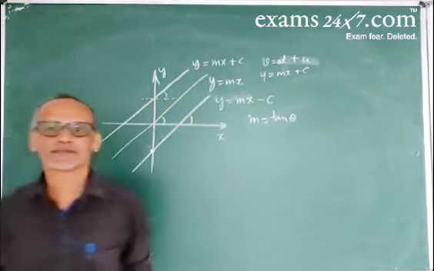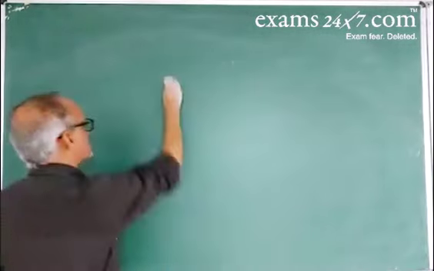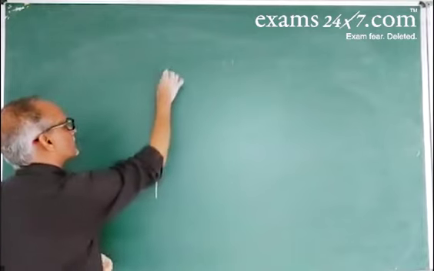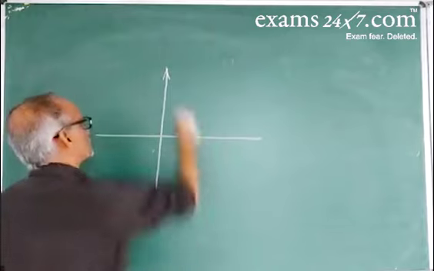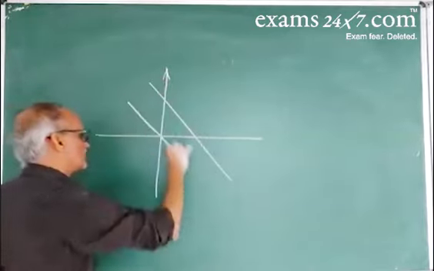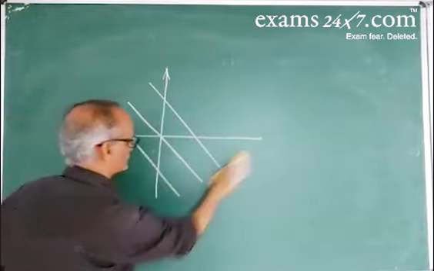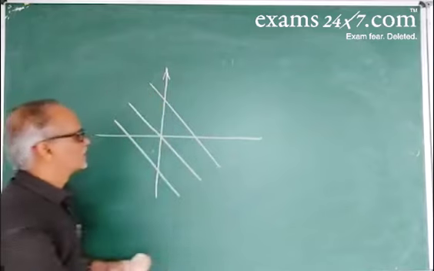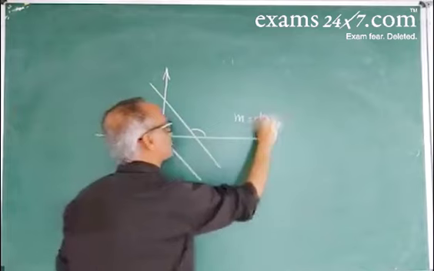One more set of graphs which I would like to draw here is a linear graph, but with a negative slope. So this is one of the straight lines. This is the other, and this is the next. In this case, you can see the slope m is equal to tan theta.